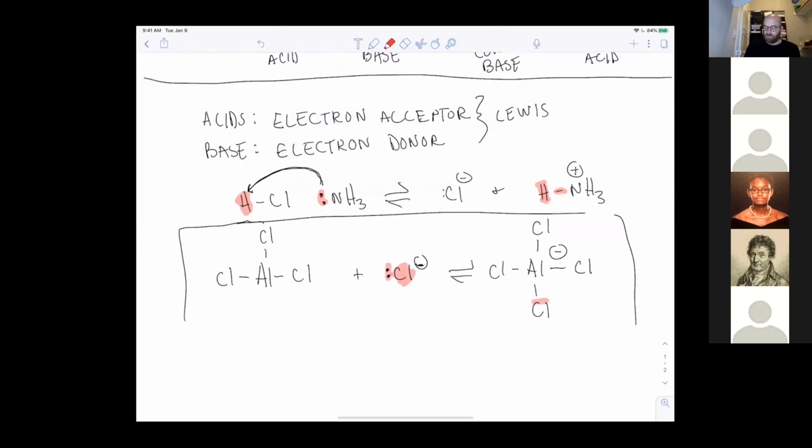And it would donate its electrons to the aluminum to form a bond. So this would be our base, and this would be our acid. And so this site on the aluminum right here can accept electrons, and it accepts them from chloride to form this adduct on the other side. So, electron donor.